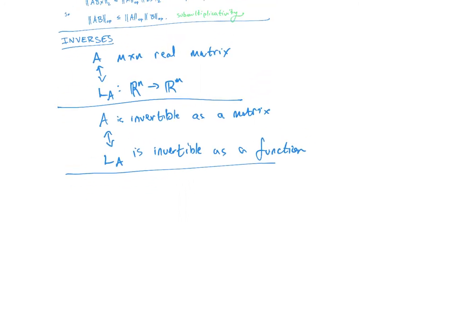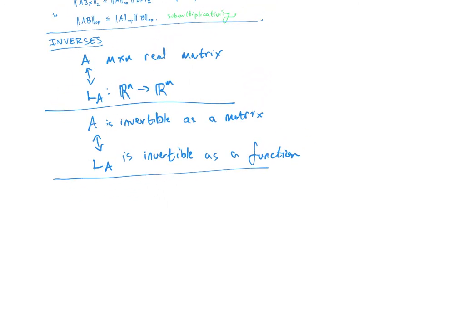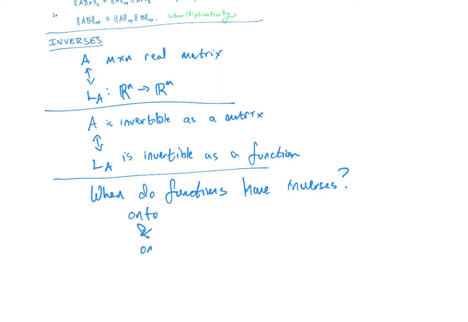Well, when do functions have inverses? Let me ask that question to you. They need to be bijective. They need to be onto and one-to-one.